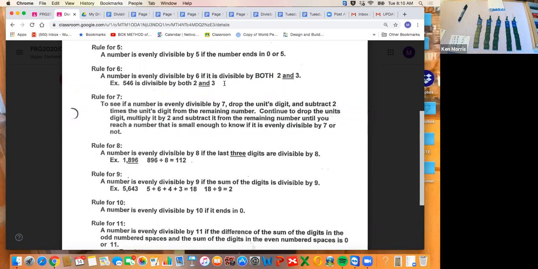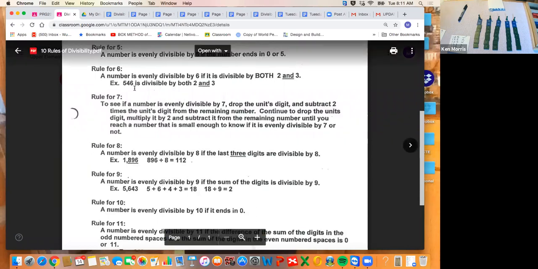On a number, you have to test whether it's divisible by 2. And then if it is divisible by 2, you must test to see if it's divisible by 3. And only if it's divisible by both is it then divisible by 6. So you have to do 2 tests. If the first test comes out negative, you're done, okay? And we're gonna look at some examples of this, but they give you one here, 546.